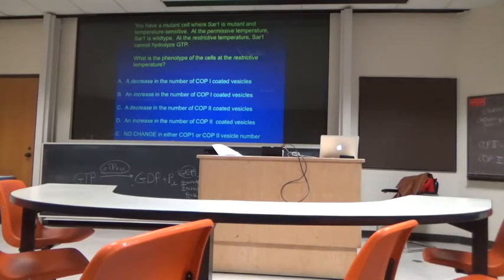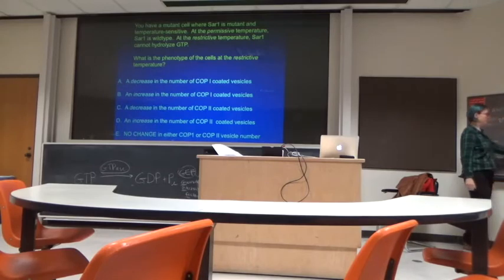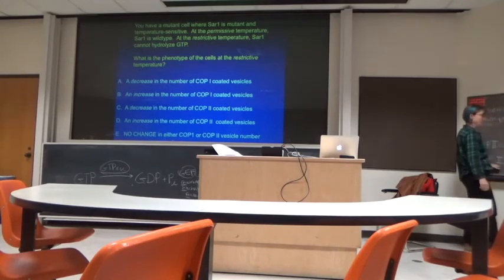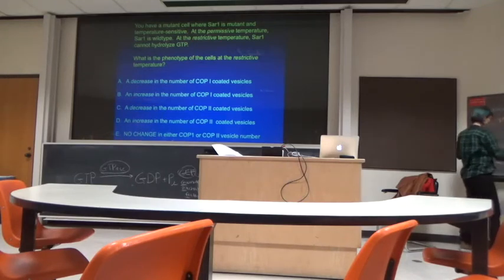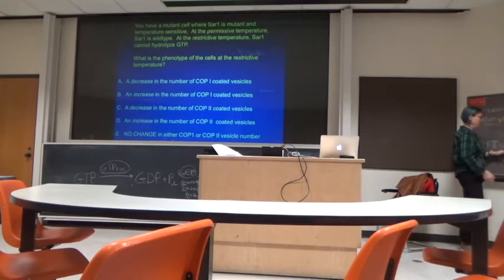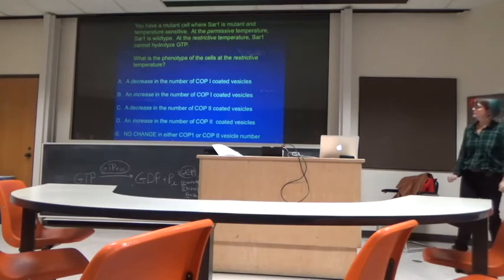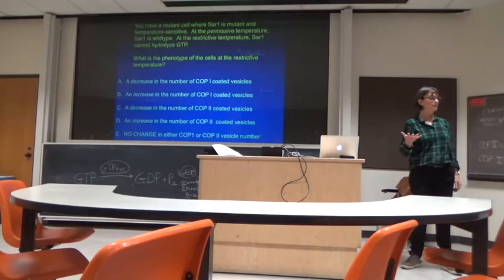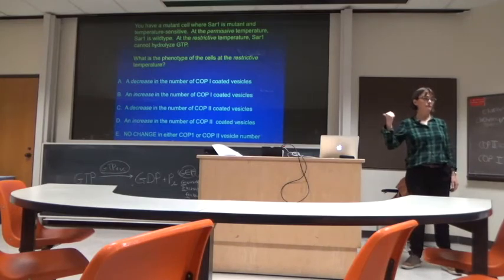So SAR1 works on ER to cis Golgi proteins, whereas it is the ARF proteins that work on COP1 coated vesicles, and another kind of ARF working on clathrin plus AP1 vesicles, so that it's very specific. So we knew to focus on COP2 coats right here. So if the question were something about COP1 coated vesicles, we could switch this to ARF, right?